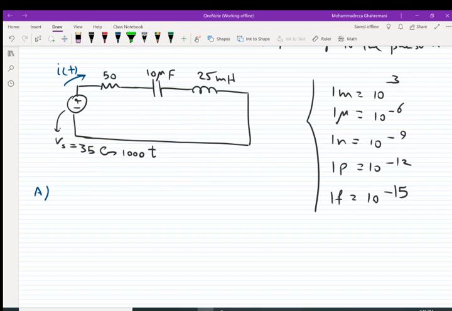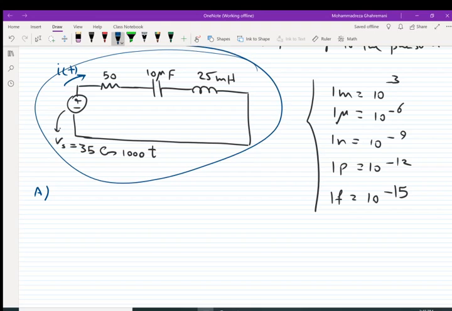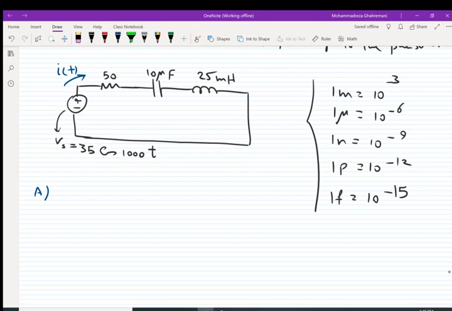In order to solve this, the first step is converting all elements into phasors. First of all, we know that omega, the frequency, is 1000 from here.